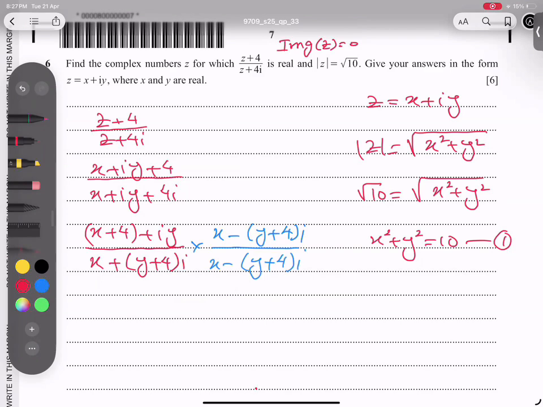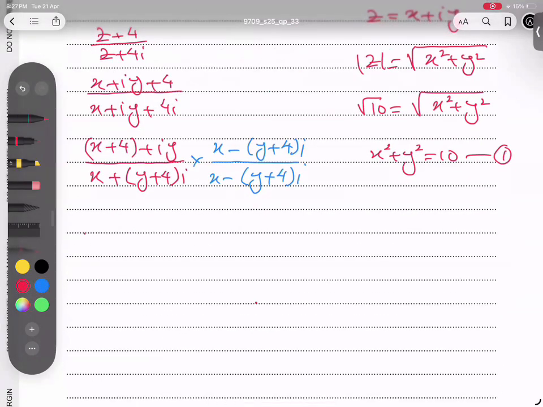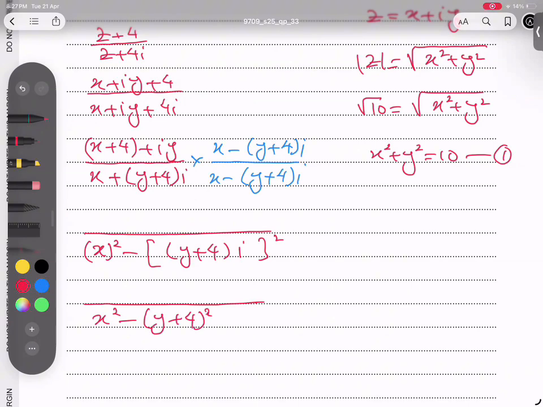Now I'm going to multiply as the rationalization process completes. For the down part, it is like the square of the first number minus the square of the second, including iota: y plus 4 with iota outside. So the down part we can solve: first x square, minus y plus 4 whole square into iota square.